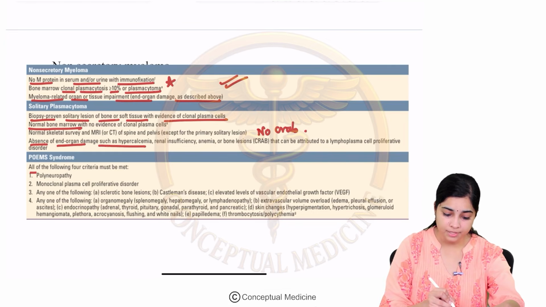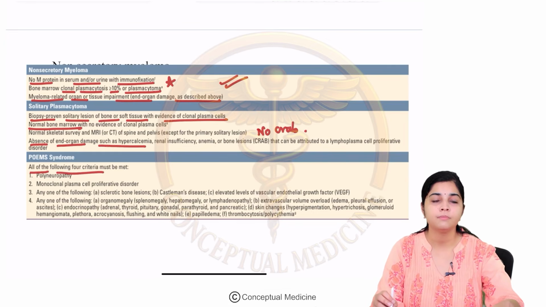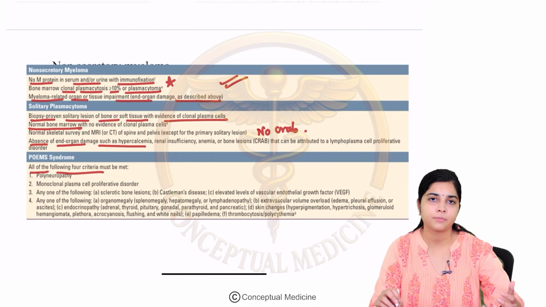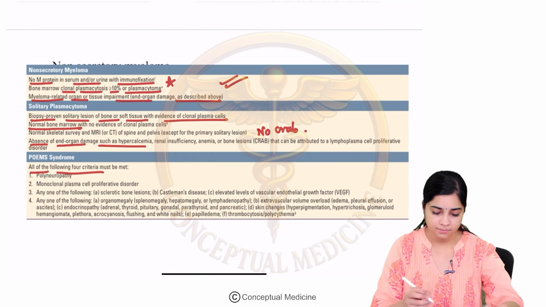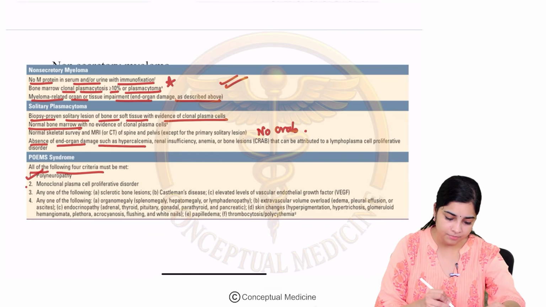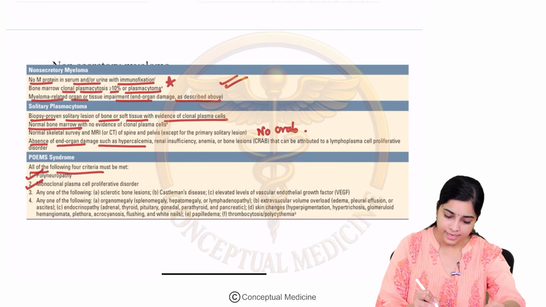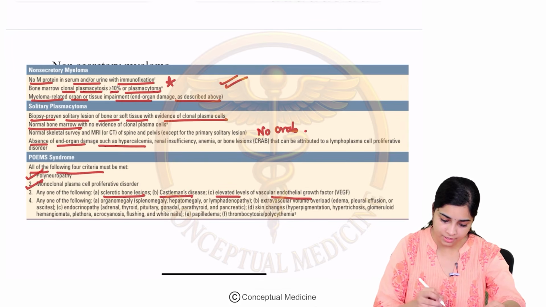Then what is POEMS syndrome? POEMS syndrome is what we were discussing when we spoke about the clinical manifestations in myeloma. It is characterized by polyneuropathy, monoclonal plasma cell disorder, and any one of the following: sclerotic bone lesions, Castleman's disease, elevated levels of VEGF. Organomegaly, such as splenomegaly, hepatomegaly, lymphadenopathy.